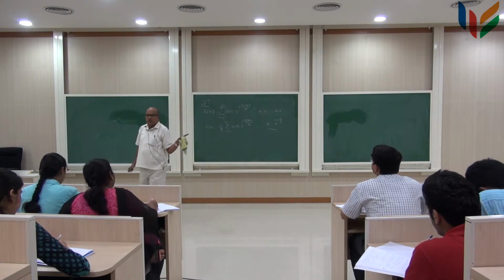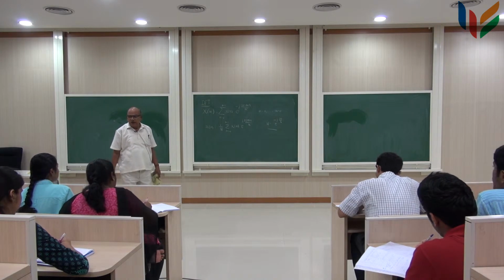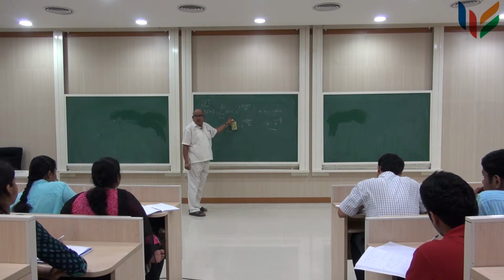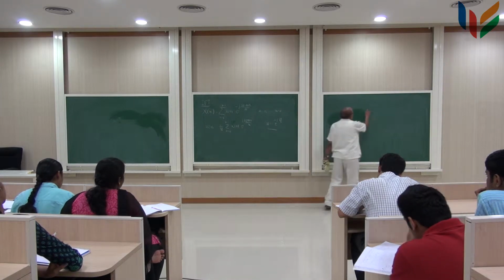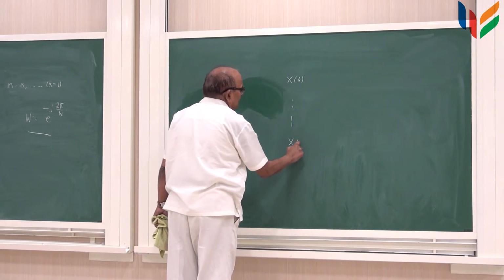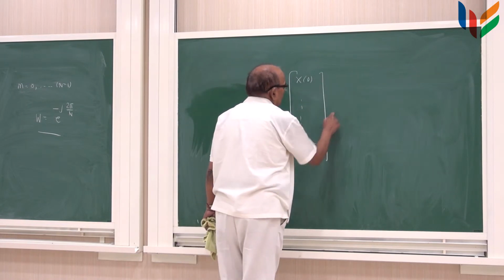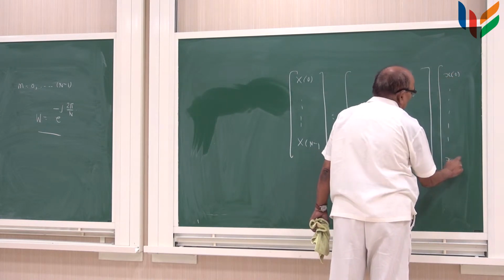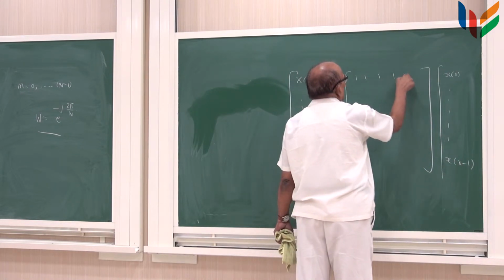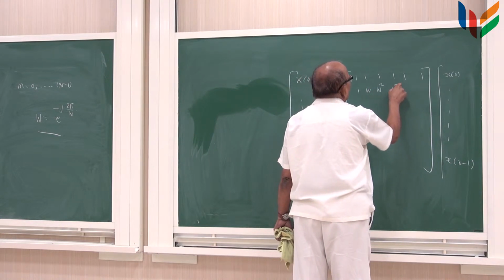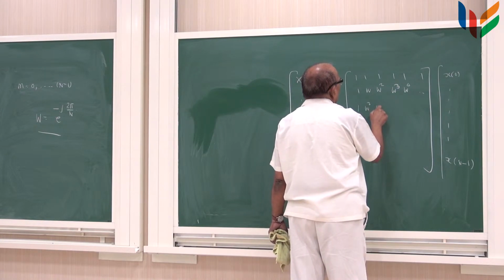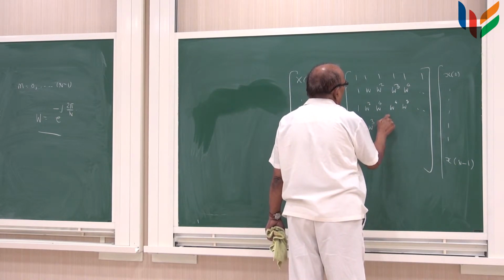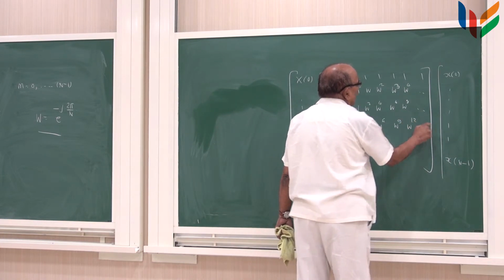In 102, we defined W as equal to e to the power of minus j 2 pi by N. So, we could write this in terms of the W function, and then we showed that this is nothing but a matrix relationship where x 0 ... remember this.